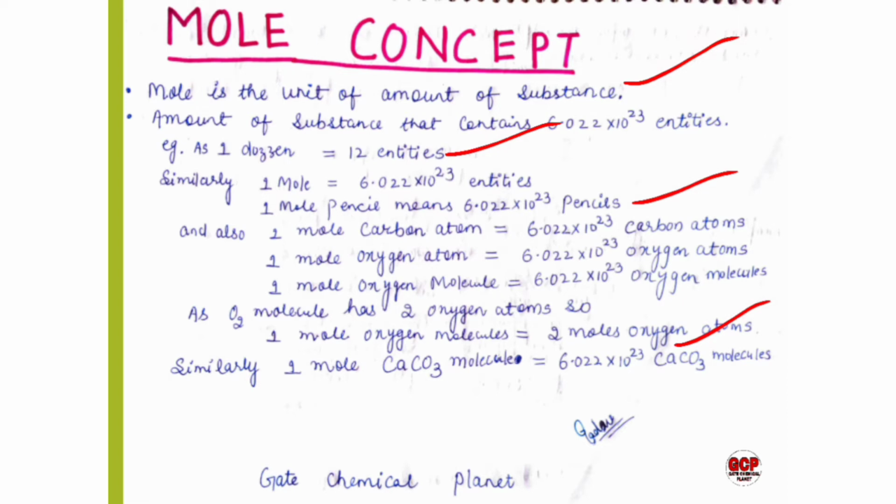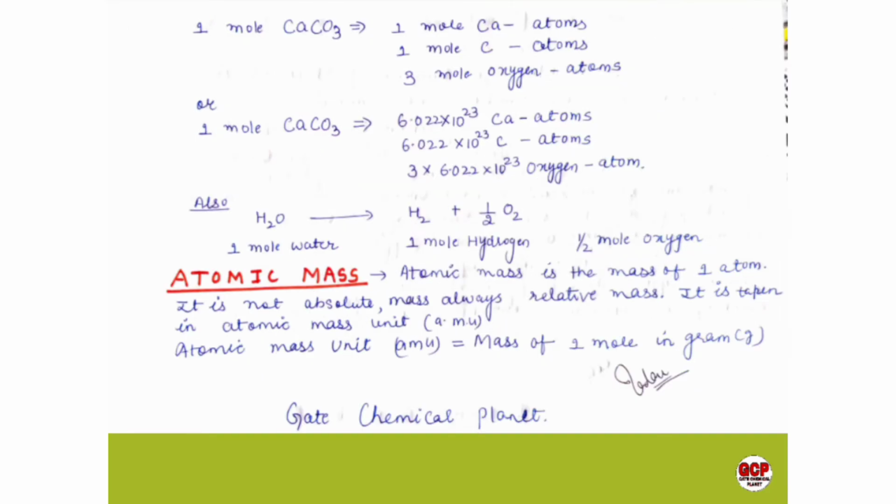Similarly, 1 mole calcium carbonate molecule equals 6.022 × 10^23 calcium carbonate molecules. We will discuss more about calcium carbonate molecule. Okay. 1 mole calcium carbonate means 1 mole of calcium atom, 1 mole of carbon atom, and 3 moles of oxygen atoms.